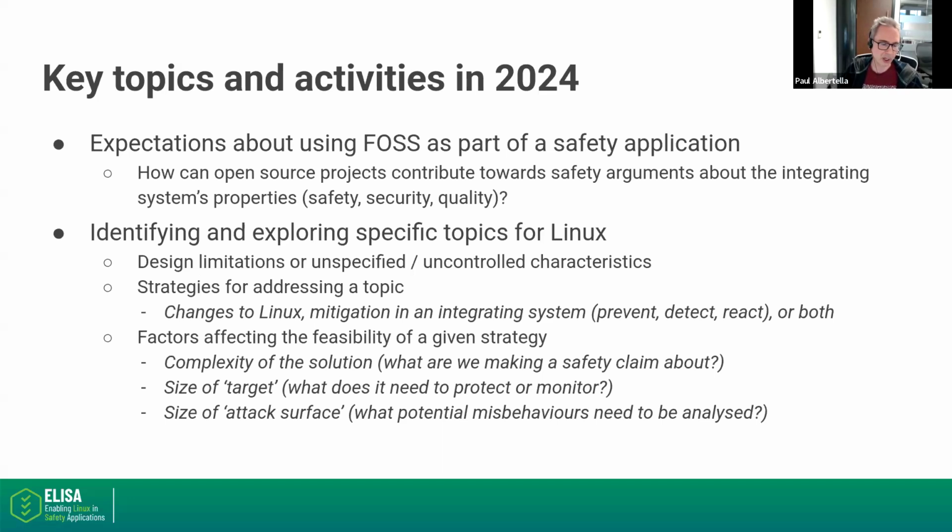The open source project can't know about your system, and can't necessarily anticipate what you want from it. So what can they do to actually help you? And as part of this, we've been trying to work out how to identify and explore specific topics for Linux that are going to be of wide interest.